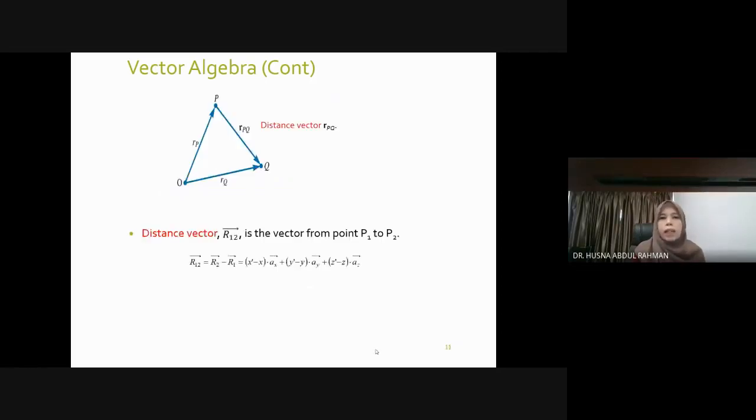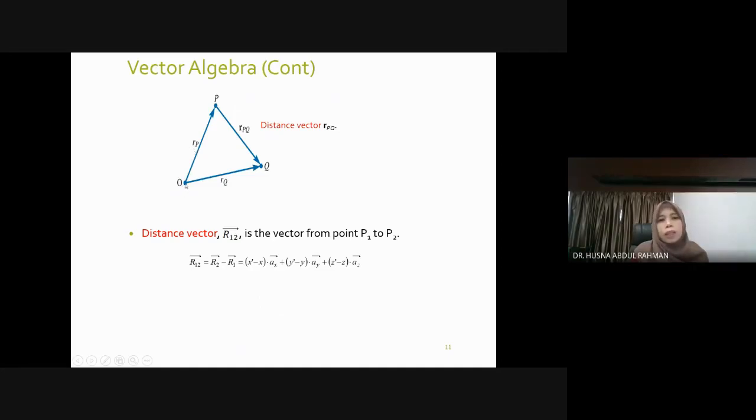So the second type is a distance vector. A distance vector means that the vector does not start from origin. It starts from another point, a point other than the origin. So let's say we have this 0 is the origin, and then we have point P, and we also have point Q. If the vector starts from origin and ends at point P, then this is a position vector RP, right?